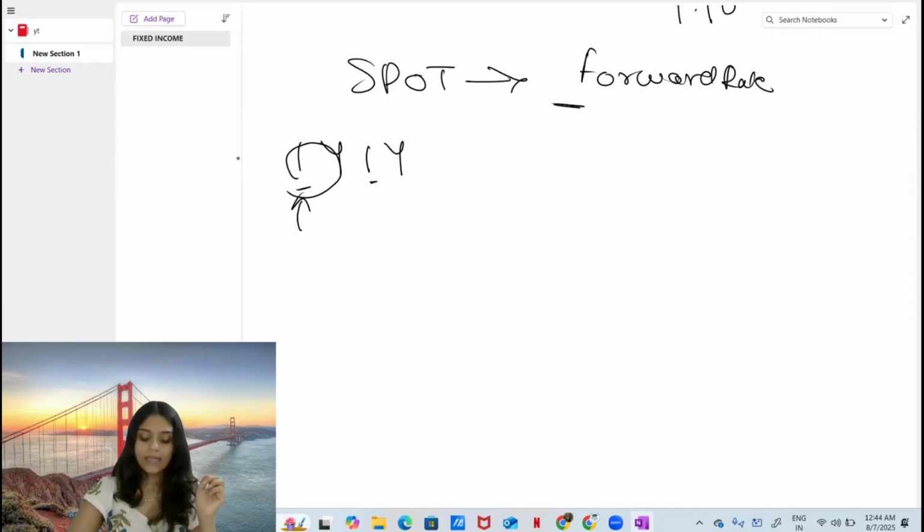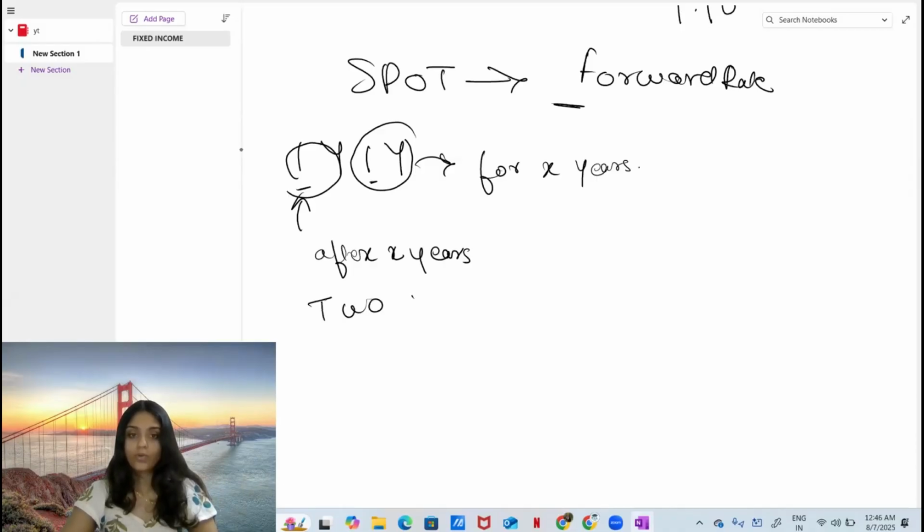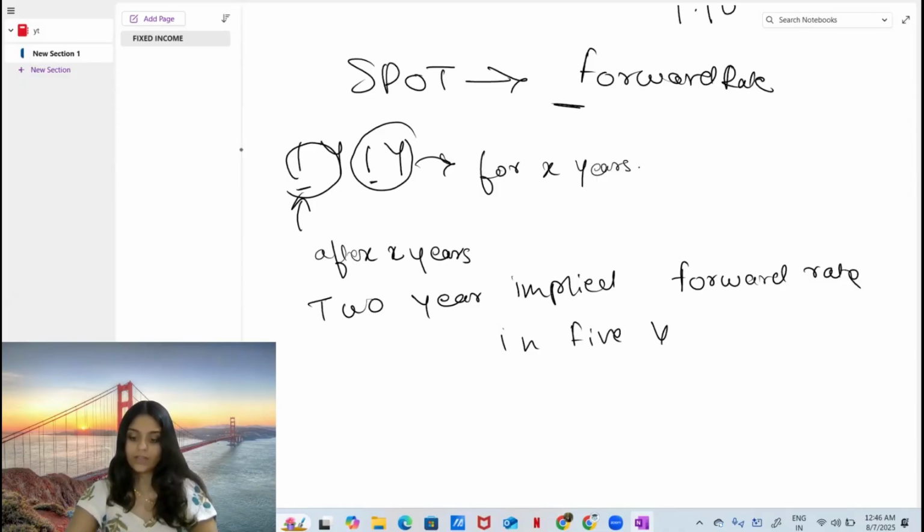That first part is after X years, suppose, and this part is for X years. So in the exam, it will be given as, for example, 2-year implied forward rate in 5 years.